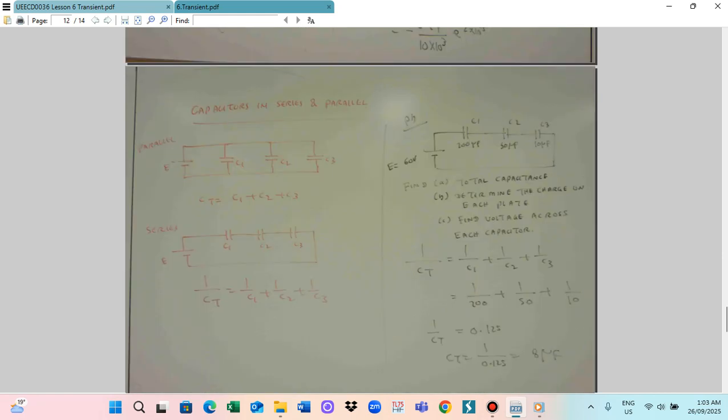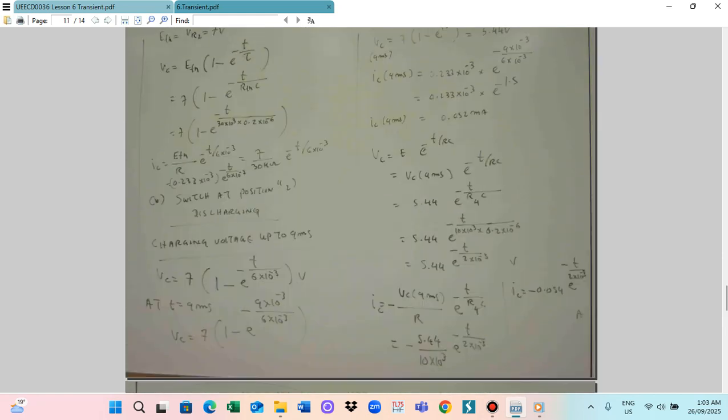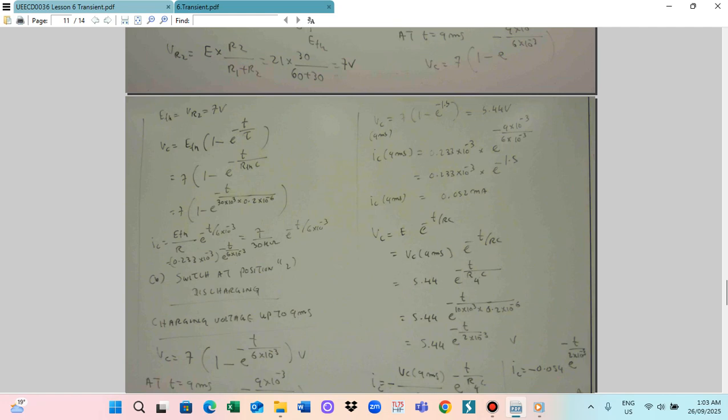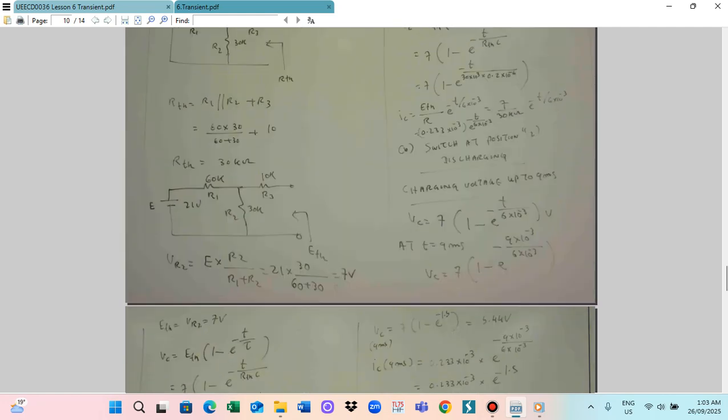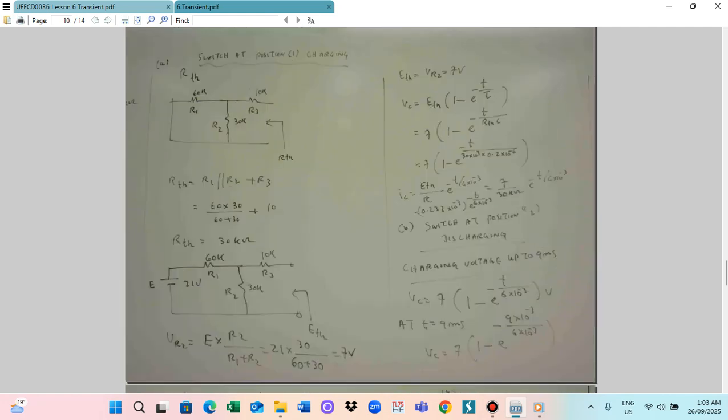So this is for VC and the time relationship. Another one is the IC and the time relationship. At the first position, the current is going down. Then at the second position, the current is 0.